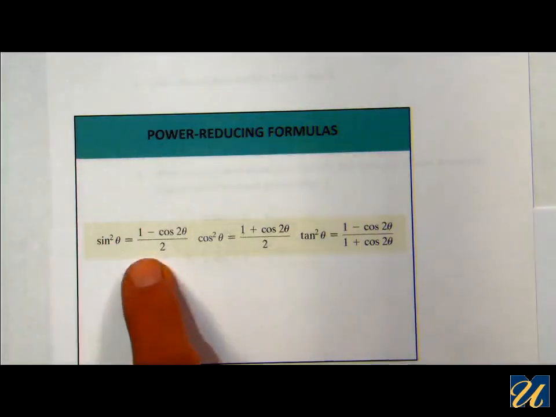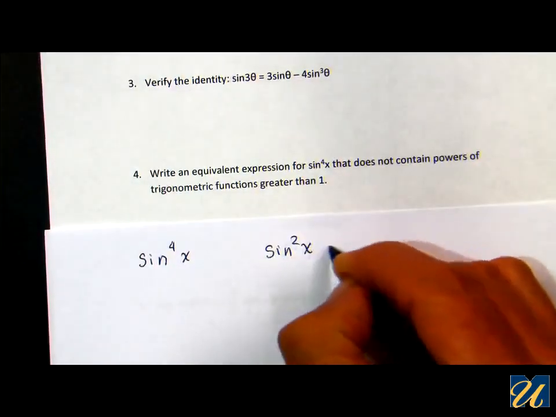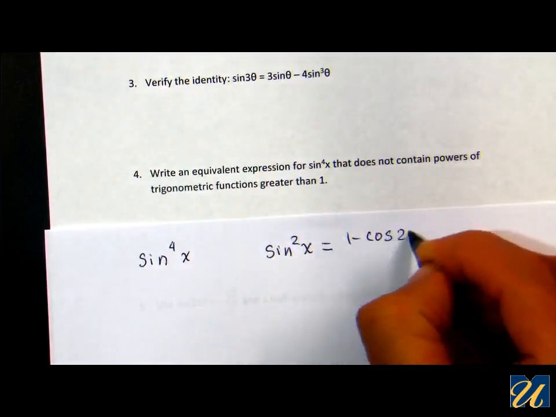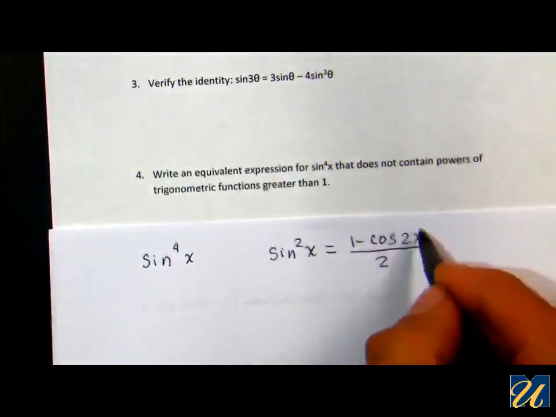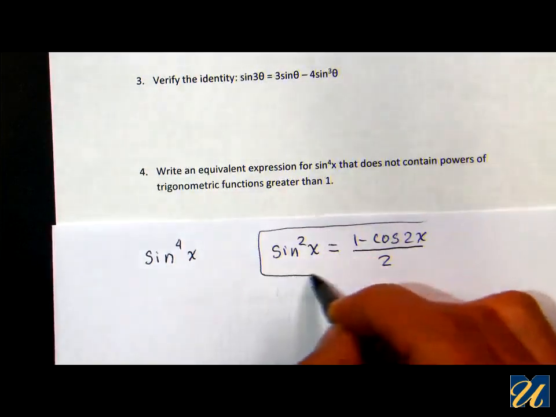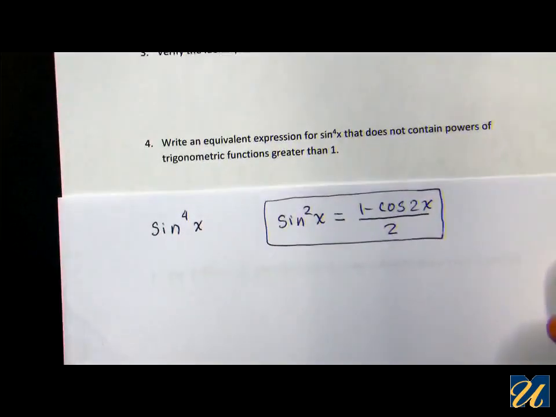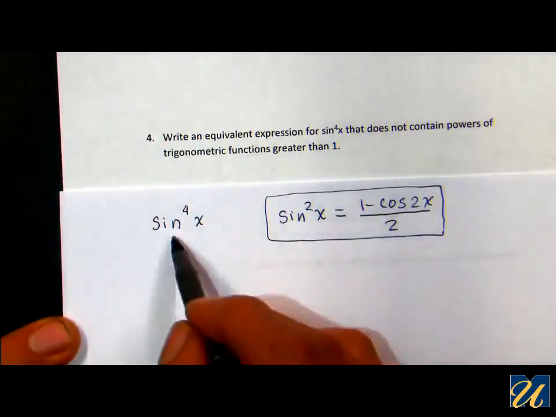So let me first transfer this over to the paper here. So we have sine square x is equal to 1 minus cosine 2x all divided by 2. There's your identity. Put that in a box so I don't confuse it with anything else. How can we use that to aid us in this?